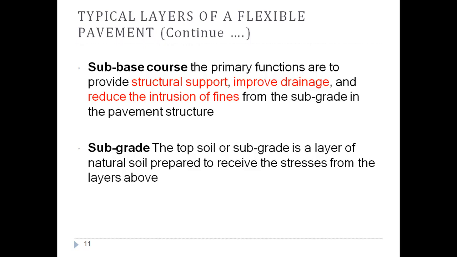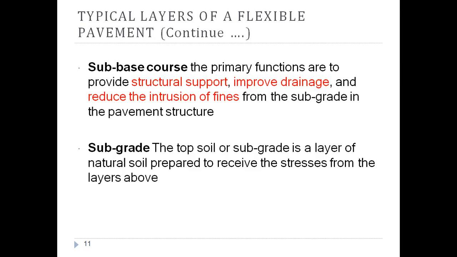Below the sub-base course in the pavement structure is the subgrade, which is nothing but the topsoil, a layer of natural soil prepared to receive stresses. The soil structure where we are laying the pavement courses should resist the wheel load or vehicle load, and withstand the purpose of the pavement laid on it.